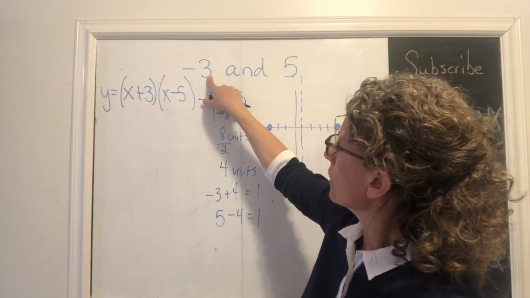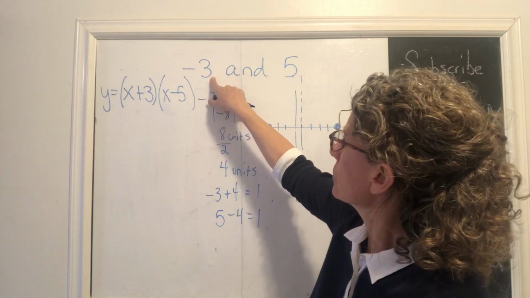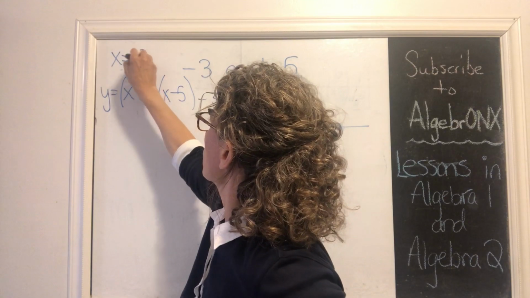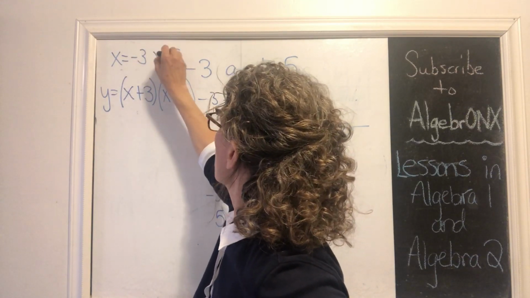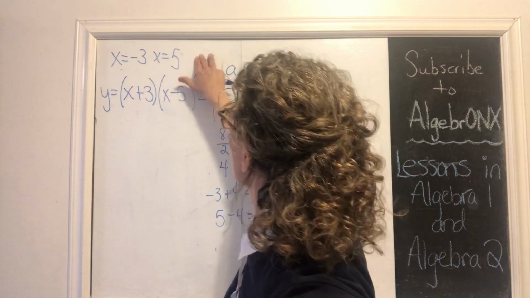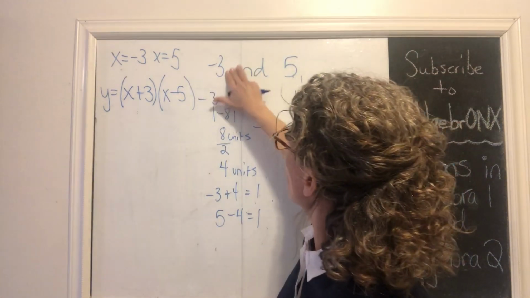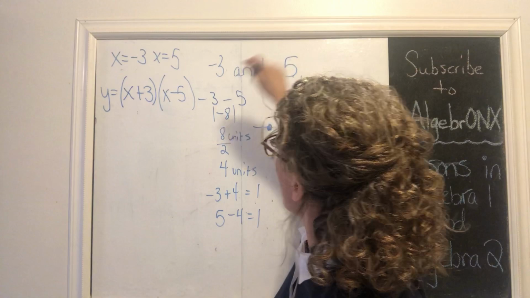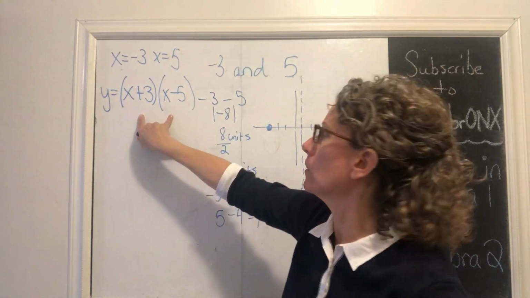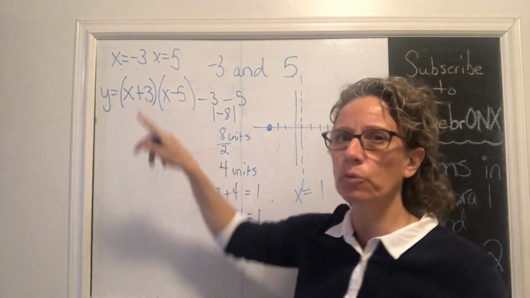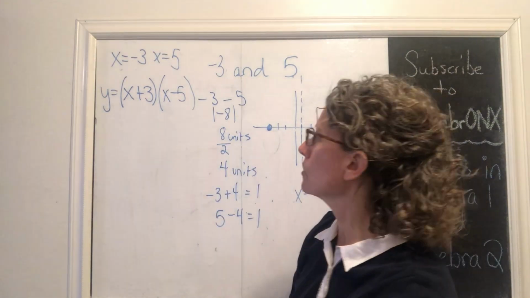So remember, if these are your x values, these are your x equals -3 and x equals 5. Where did they come from? They come from when you have a factored trinomial and you set each factor equal to 0 and solve for them. So we're kind of working it backwards.